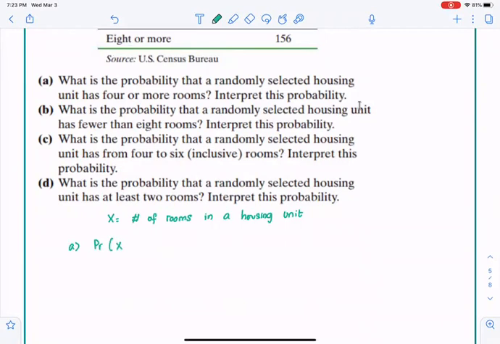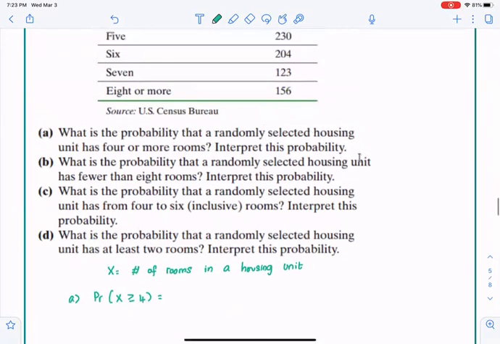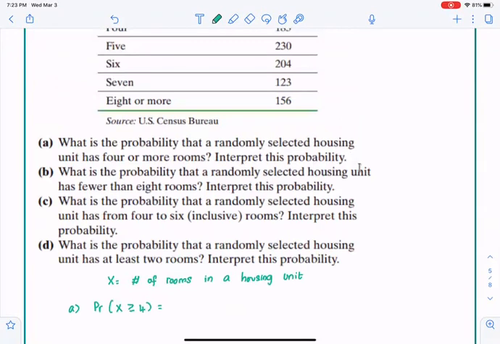Four or more mathematically means probability x is greater than or equal to 4. So the number of rooms in the housing unit, which is x, is greater than or equal to 4.